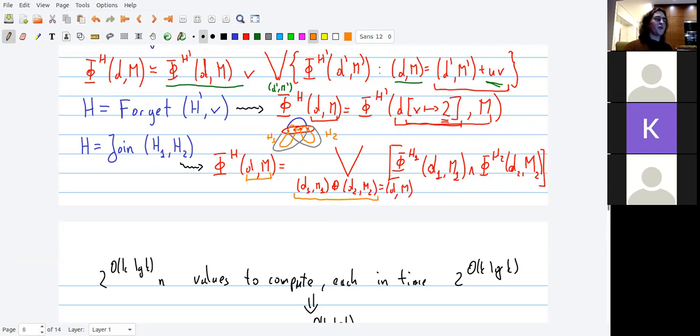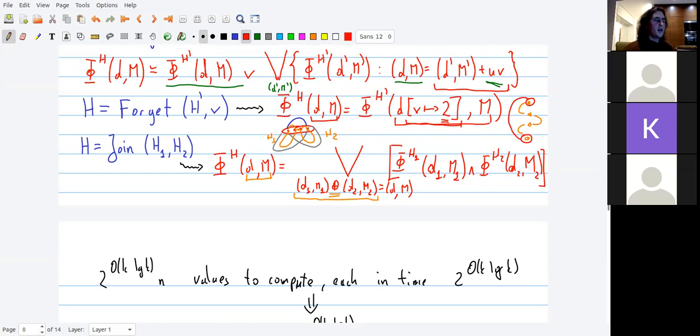For this, you need to understand that there is a well-defined operator of merging the signatures. For instance, if I have the boundary vertices here, maybe the left signature looks like this, the right signature looks like this, and then they merge to a signature saying that in total I've got a path from here to here.